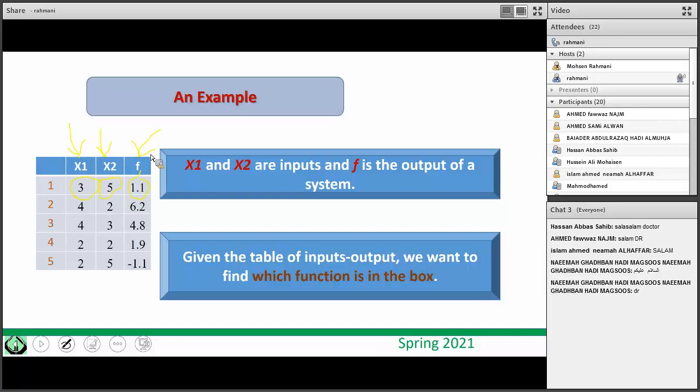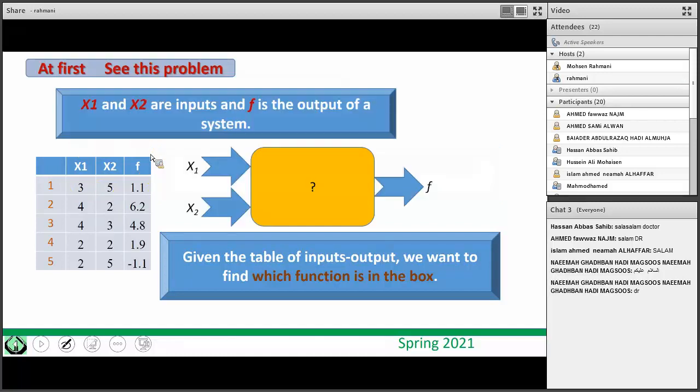And what's the problem? We want to find what is the relation between f, x1 and x2. We have a system here. In the system, we have x1, x2 as input and f as output.